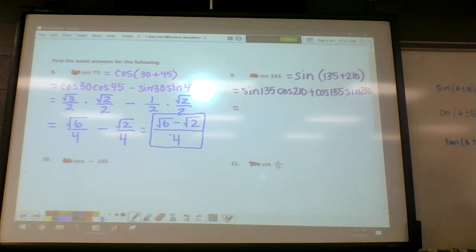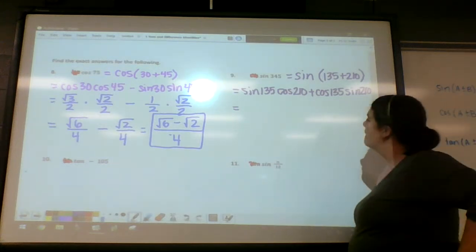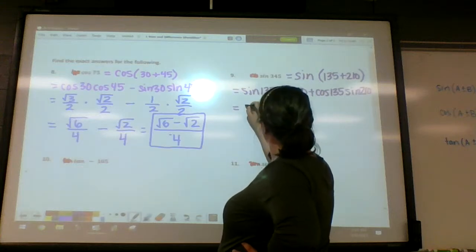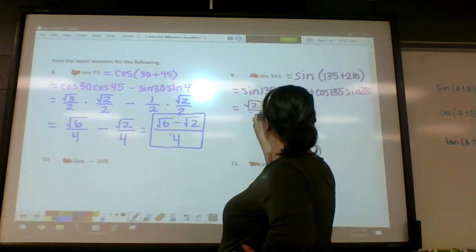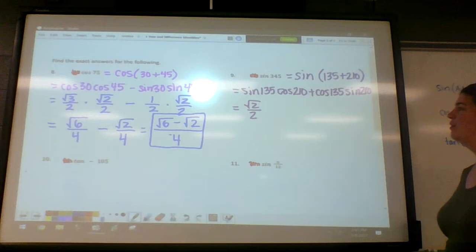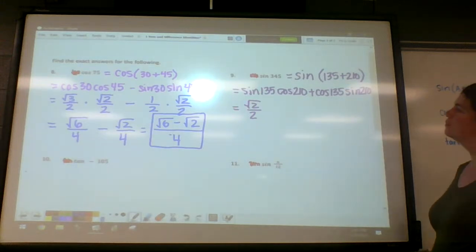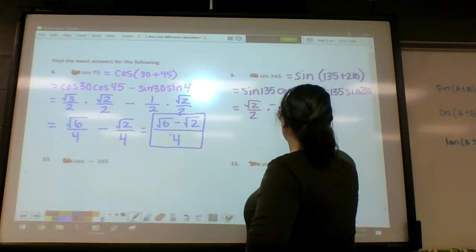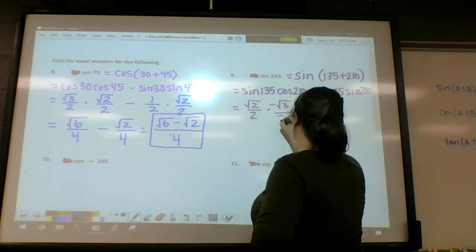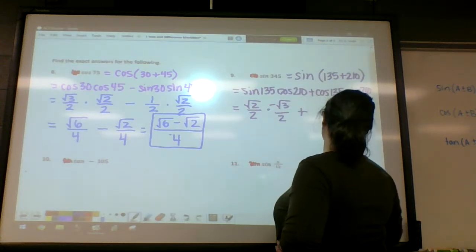What is the sine of 135? Square root of 2 over 2? Positive or negative? Positive. Cosine of 210. Negative square root of 3 over 2. Okay, and then I have a plus sign.